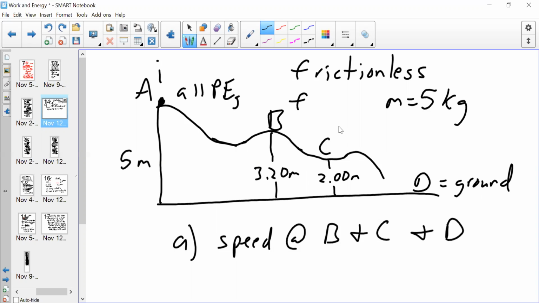In the middle, you're going to have both. You're going to be losing one form and gaining another. But at the ground, you're going to be one or the other.